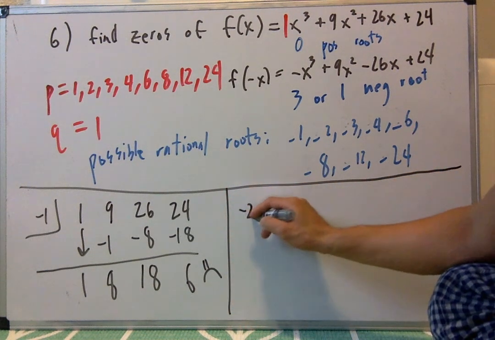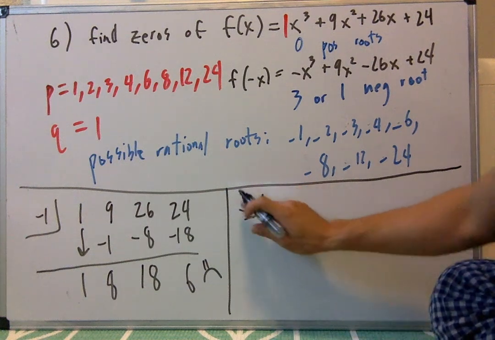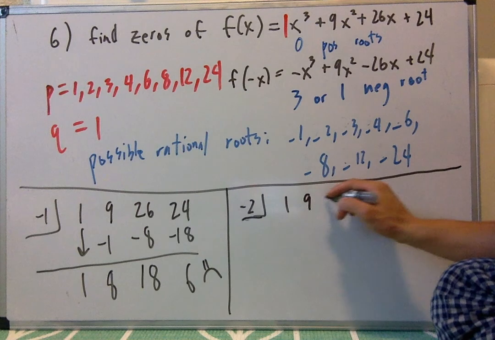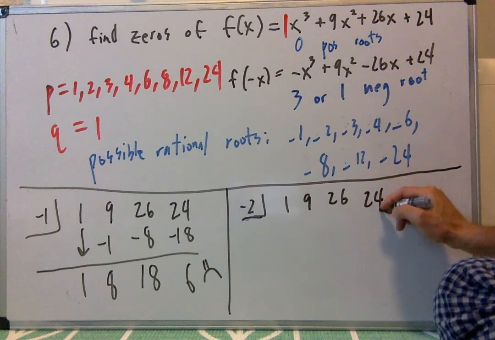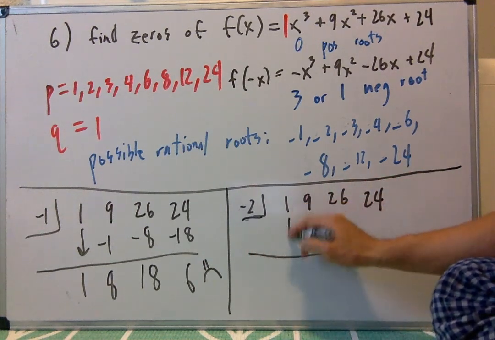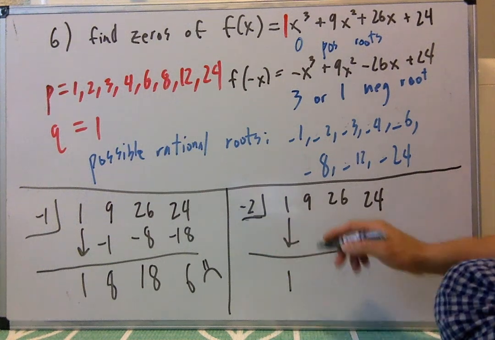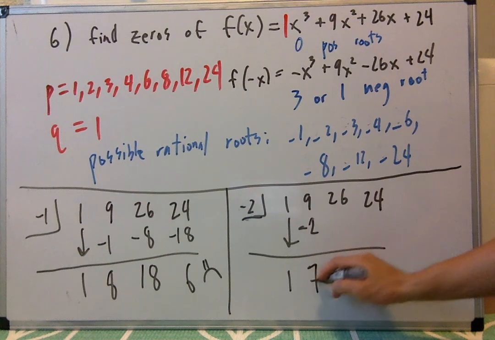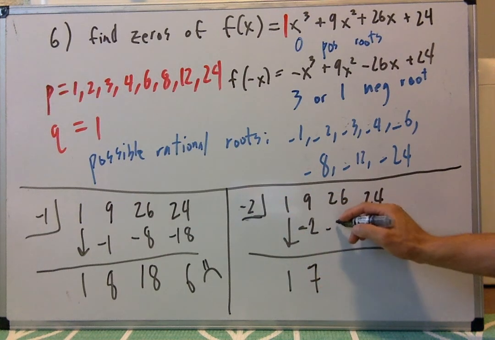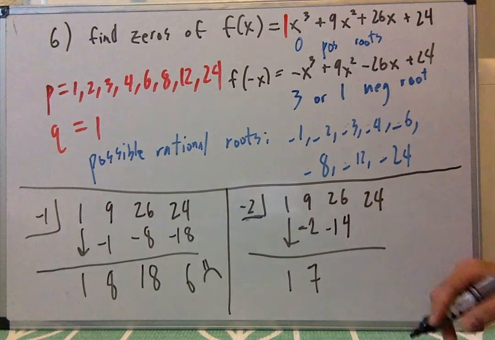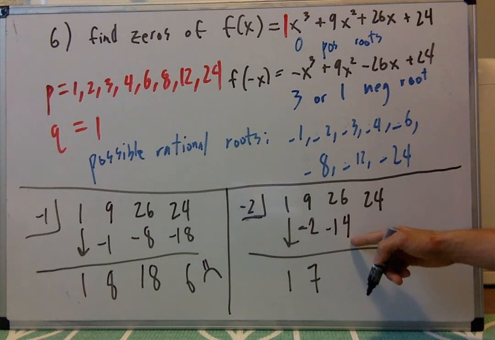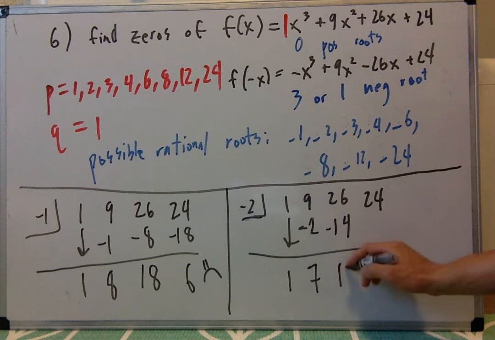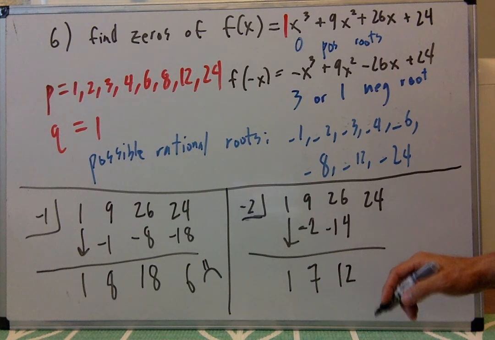Negative 2. So again, same thing. 1, 9, 26, 24. I'm going to carry the 1 down. Negative 2 times 1 is negative 2. 9 minus 2 is 7. 7 times negative 2 is negative 14. 26 minus 14 is 12.